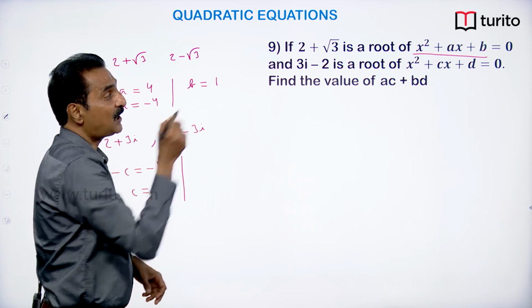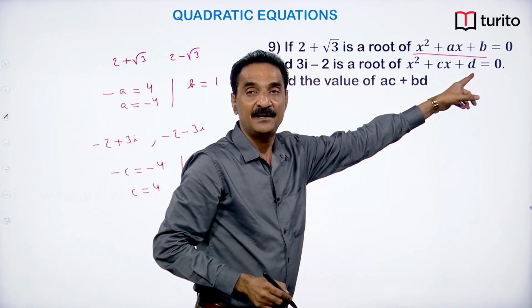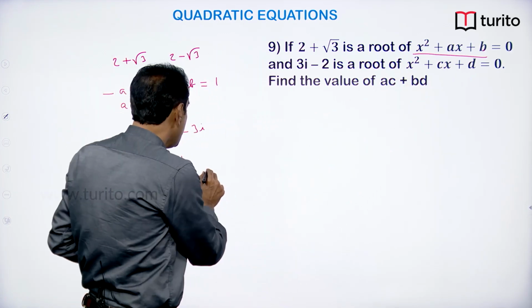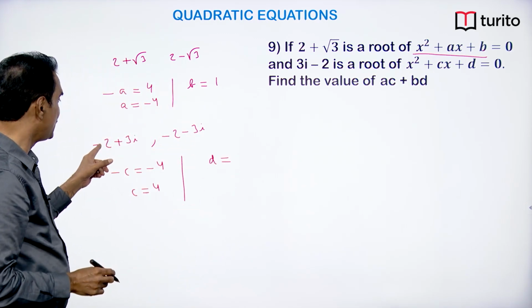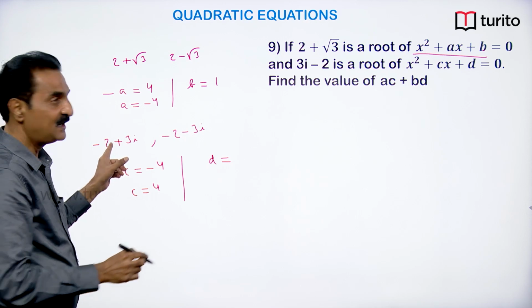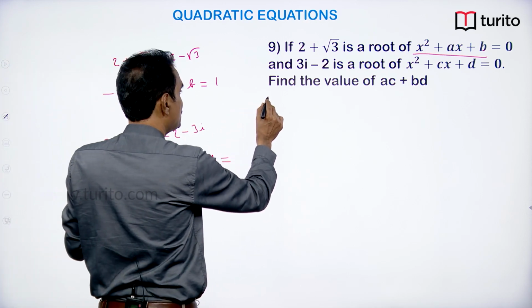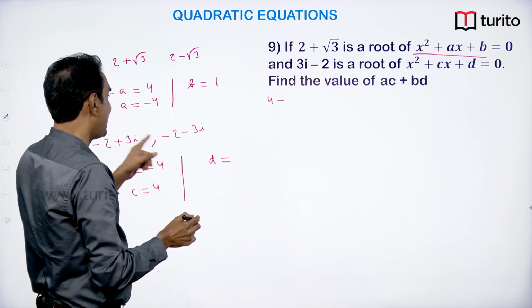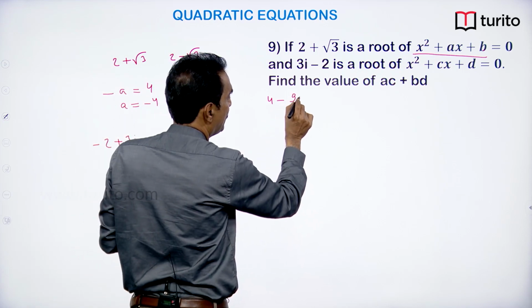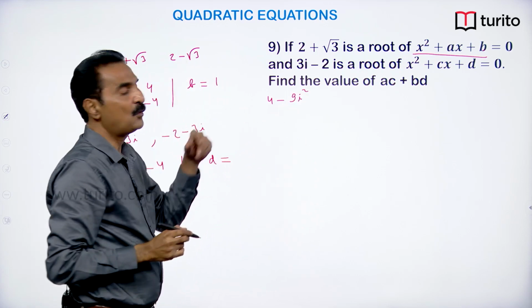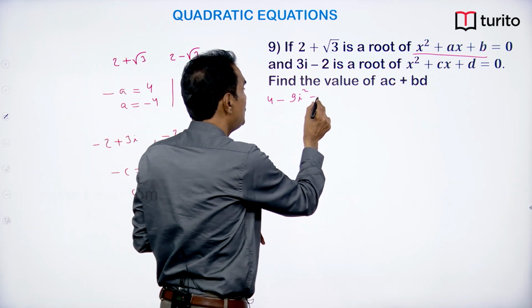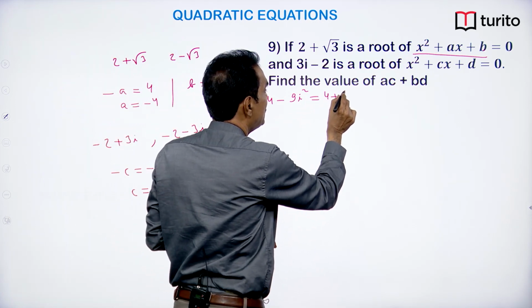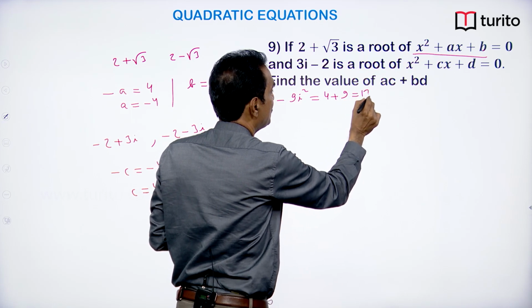Next, product of the roots, d. d is equal to, if you multiply these two, what you will get? a plus b into a minus b, you will get minus 2 whole square 4 minus 9i square. What is 4 minus 9i square? i square is minus 1. So, this will be 4 plus 9, 13.